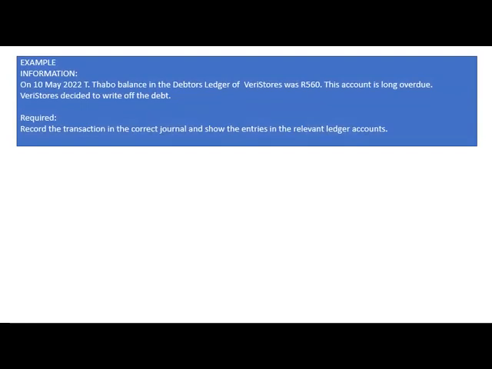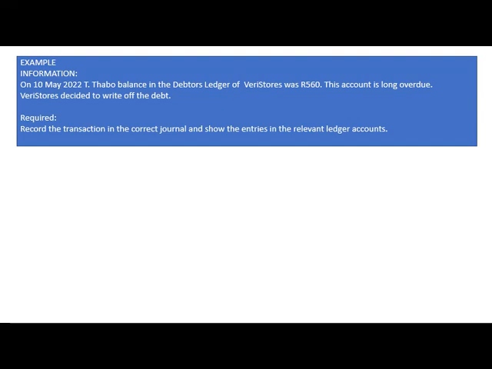Okay. Let us look at a proper example. On the 10th of May 2022, Tibo Touch's balance in the debtors ledger of Aristos was 560. This account is overdue. It means we sent reminders and called Tibo Touch, but he was somewhere in America and still didn't respond to our emails.